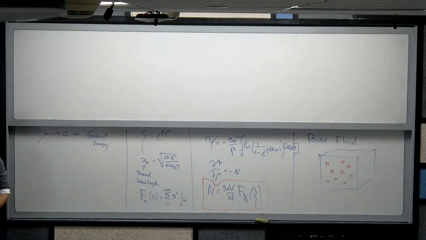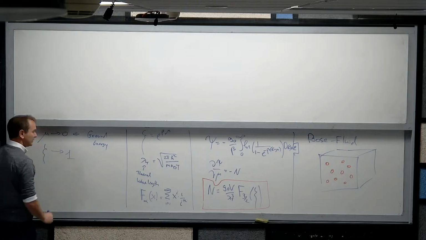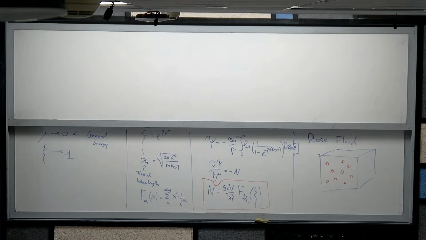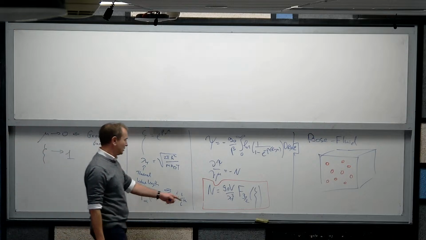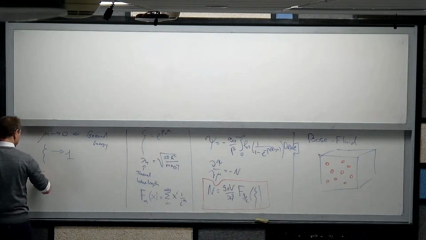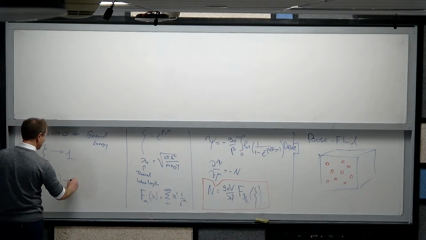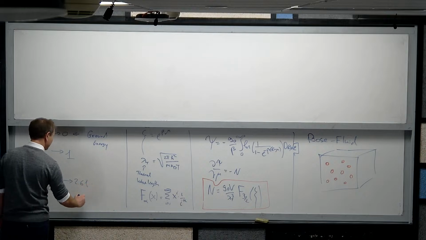But we'll see it in a second. We know that the fugacity goes to 1. And we know that f_{3/2} of the fugacity goes to 2.61.